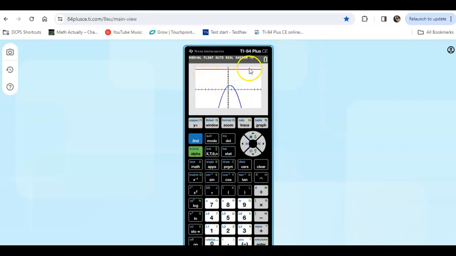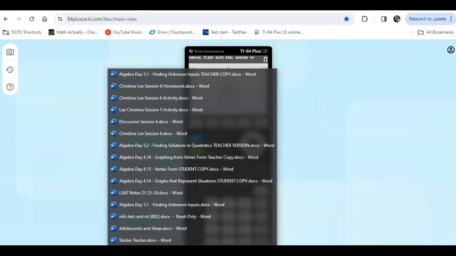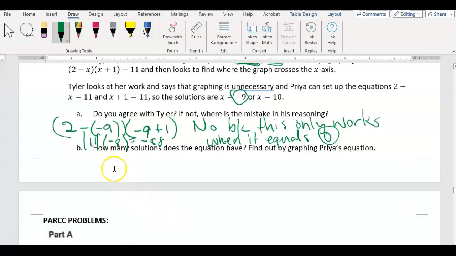So y equals 11 is up here, but the graph is down here. Since they are never actually touching each other, this graph is never going to equal 11, which means it's a good thing that she graphed it, right? There's no solution here. So here there are 0 solutions.